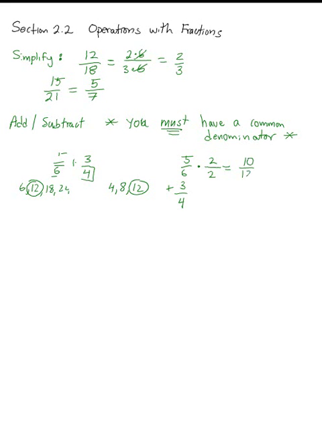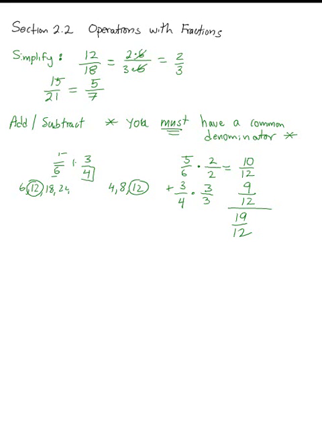So that becomes 10 over 12. This one, I also need a 12 on bottom. To get a 12 on bottom, I'm going to multiply the bottom by 3, which means I've got to multiply the top by 3. So that becomes 9/12. We add them up, we get 19/12.